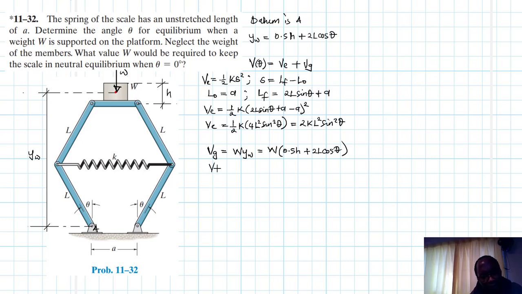Right, therefore this potential energy is just going to be equal to 0.5HW plus 2WL cos theta. Then finally V, the summation of the two, becomes 2kL squared sine squared theta plus 0.5HW plus 2WL cos theta.